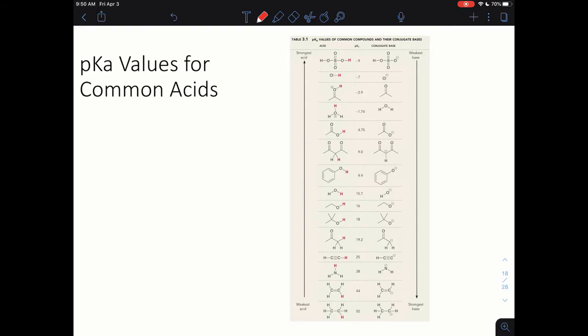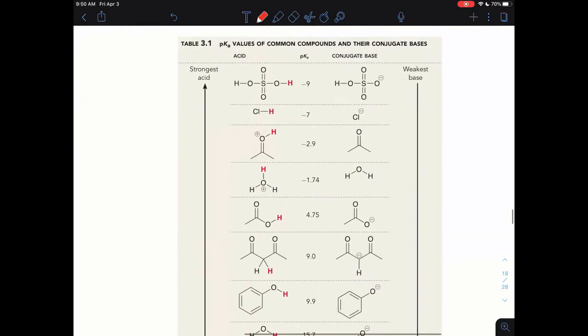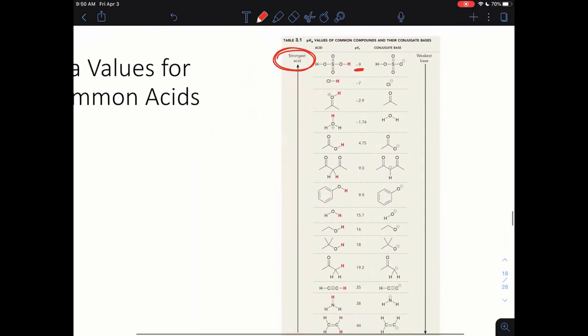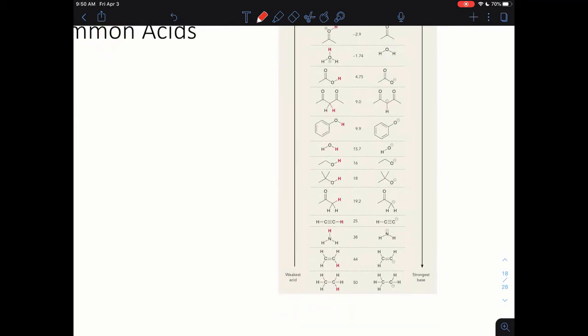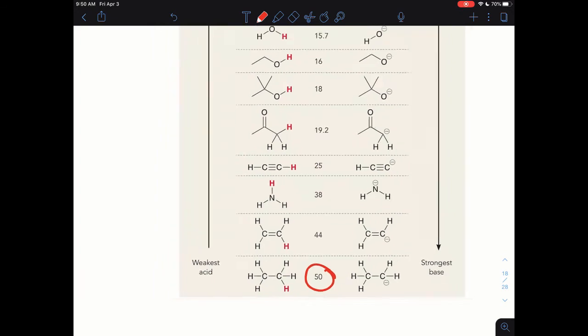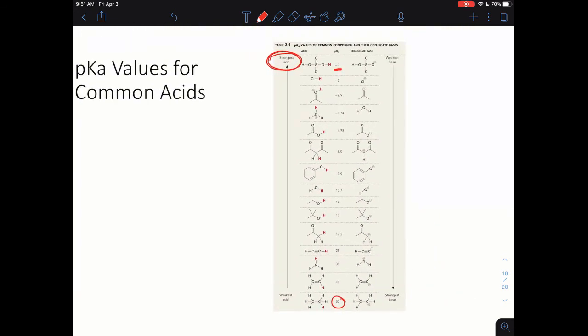This comes out of your book. If you take a look, you can see that they are oriented such that you have the strongest acids at the top of the chart. You see these negative pKa values. And then you have the weakest acids down at the bottom of the chart. Whoa, large positive pKa here. Now, notice that the strongest acid has the weakest conjugate base.